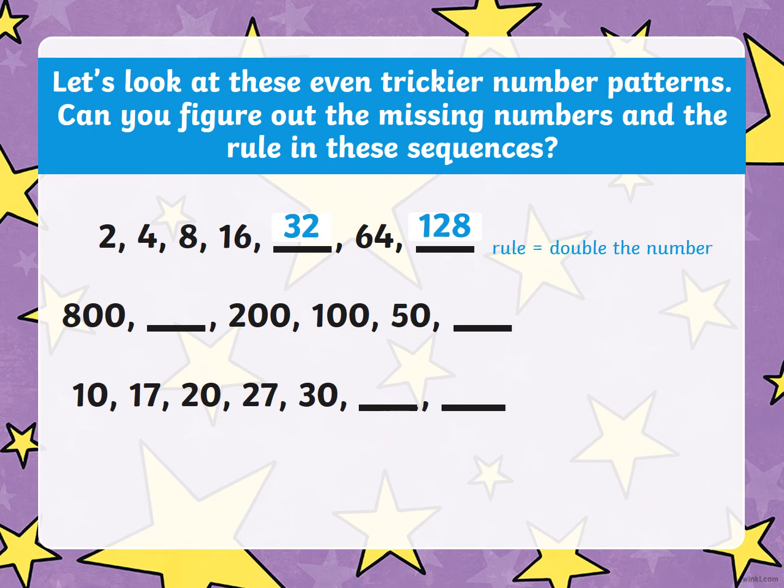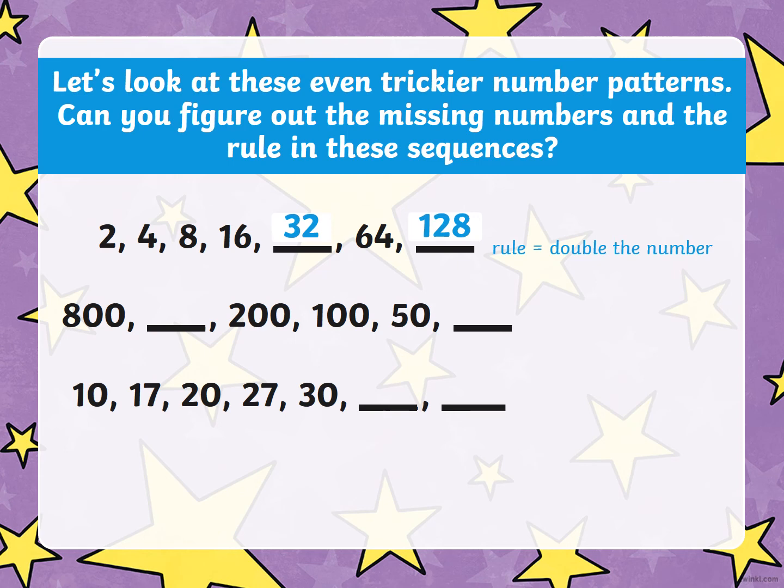800, and we've got a missing number, 200, 150. Ask yourself, are the numbers getting smaller or larger as we move along? They're getting smaller, aren't they? Now, let's pick 2 numbers that are close together. So it's 200 and 100. What would we subtract to get from 200 to 100? It'd be 100, wouldn't it?